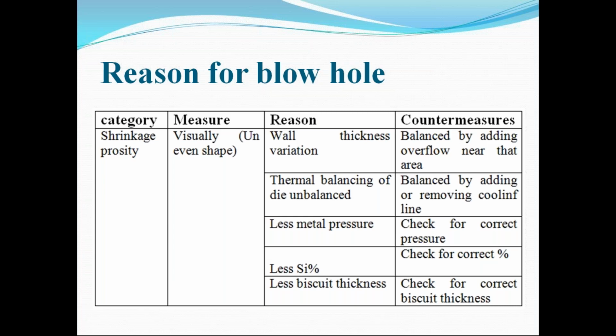The second one here is thermal balancing, where the die is unbalanced. So what is thermal balancing? The heat we add to the die through melted metal in each production cycle, we have to remove through die spray and die cooling.